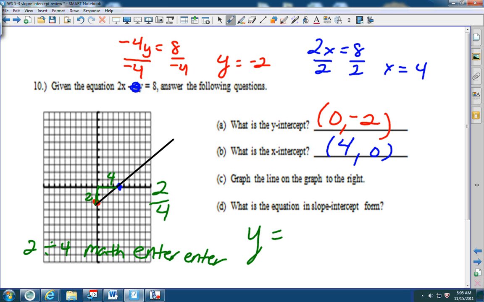Your slope is 1/2. So I have 1/2 x and then my y-intercept, minus 2. Again, to check it, I would put that in my y equals in my calculator and press graph and make sure it matches what I just graphed over here.